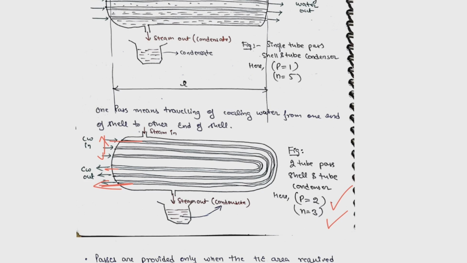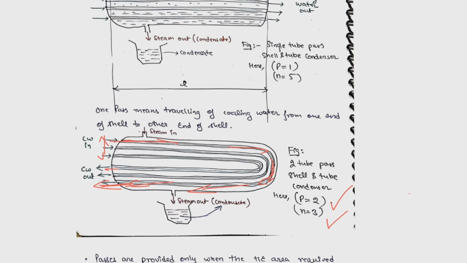And one should always remember that while writing the mass flow rate, one should not consider the number of passes, therefore you should not multiply with P, because only the same fluid is entering here, passing through here and going out. There is no fluid entering additionally into the tube in the second pass, that is from here.